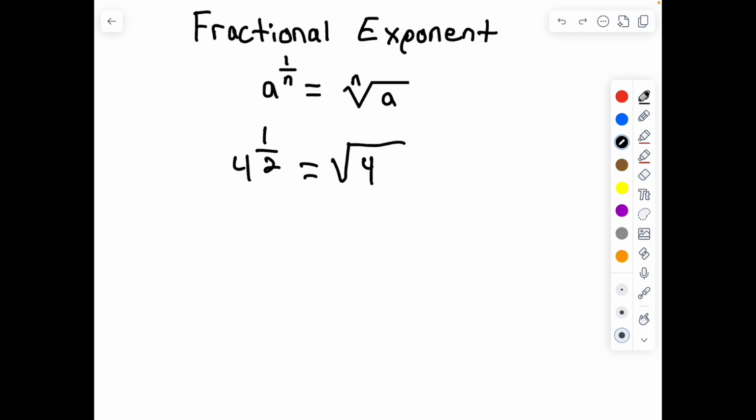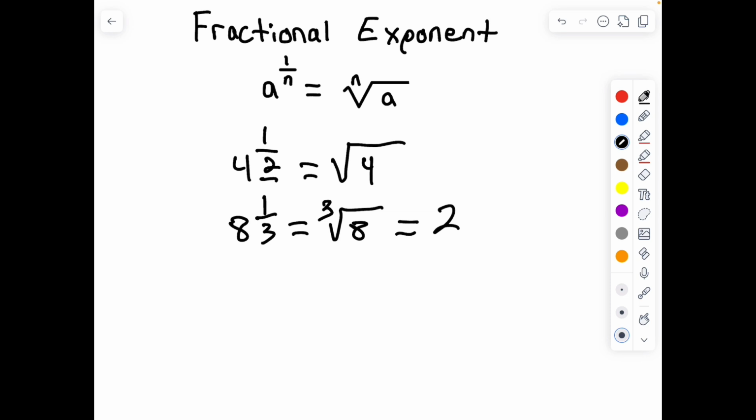Whatever's in the denominator of the exponent is what determines what root you're going to use. So another example, if you have 8 raised to the 1/3 power, that is the same as taking the cube root of 8, which is 2.